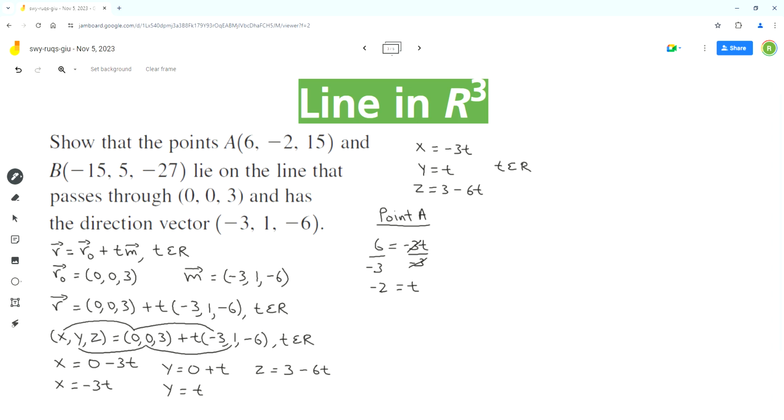Now we can use the y equation. So I get t equals -2 by subbing in y as -2. Now we can use the z equation. So I'll sub in z as 15.